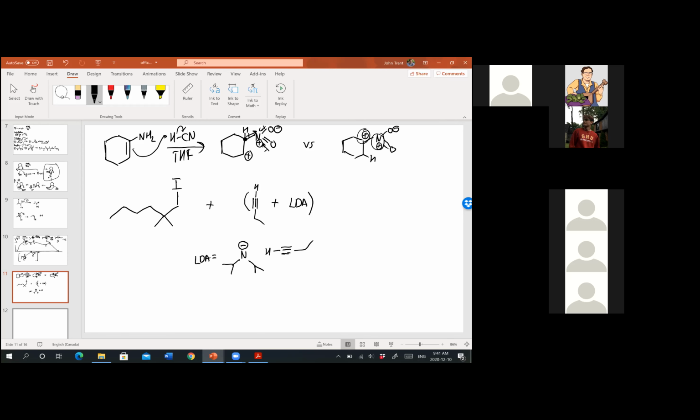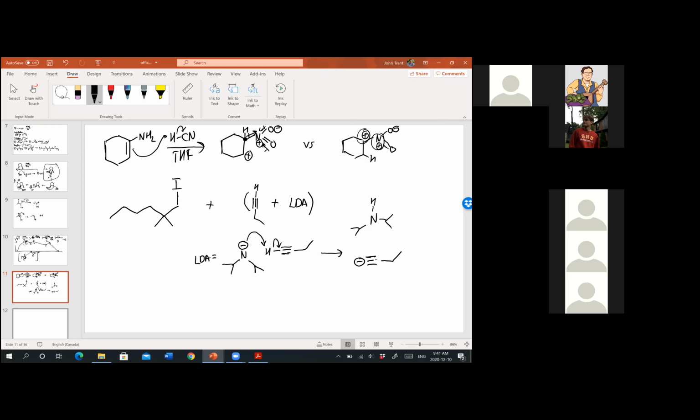Alkynes are quite acidic. And so we're doing just a simple acid-base reaction. And this is where it's kind of weird that you're going from N minus to C minus, and that seems like you're going the wrong way.